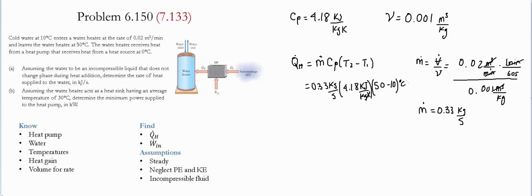The delta of Kelvin and the delta of Celsius cancel, kilogram and kilogram cancel, and we're left with kilojoules per second, which is the unit required in the problem. We find that this value is equal to 55.73 kilojoules per second, or simply kilowatts.